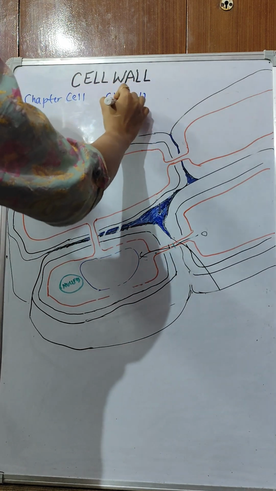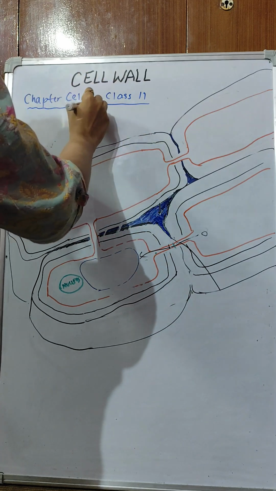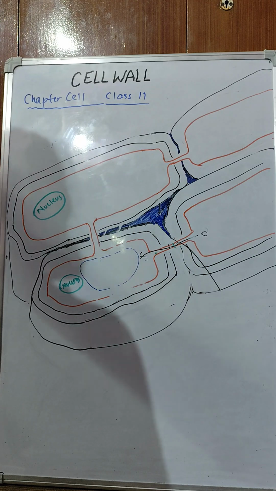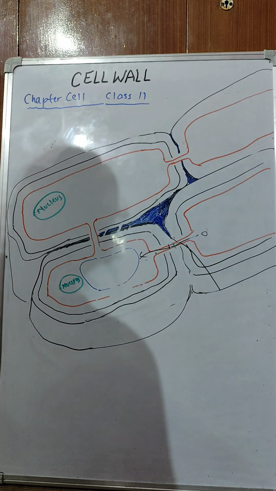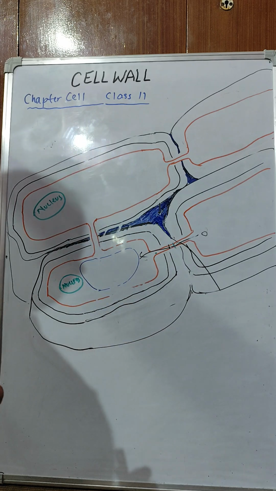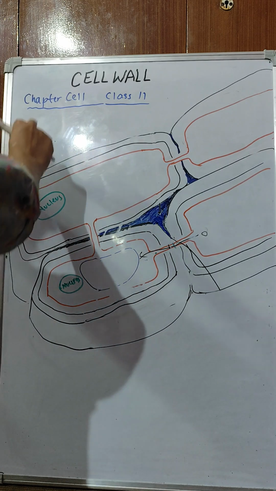So we have completed the prokaryotic cell, that is bacteria, and an overview of eukaryotic cell and the difference between plant cell and animal cell. From today onward we are going to discuss different cell components of eukaryotic cell.